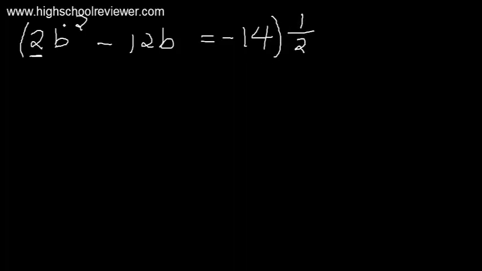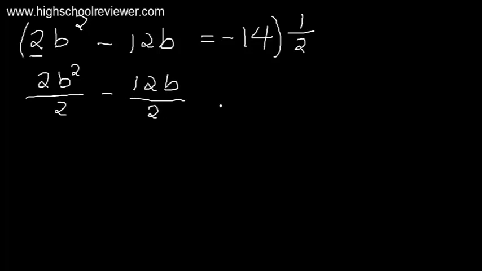Okay, so 2b squared times 1/2 will be 2b squared divided by 2. So this will be 2b squared all over 2 minus 12b times 1/2, that is minus 12b all over 2, and this will be equal to negative 14 times 1/2, that is negative 14 divided by 2.